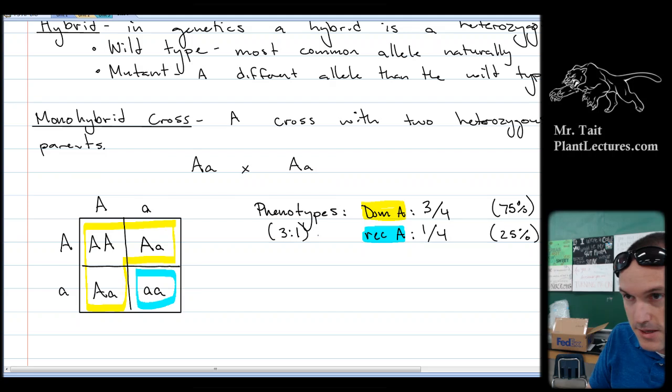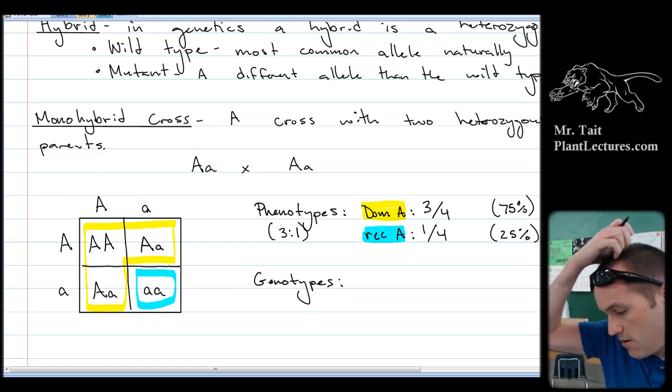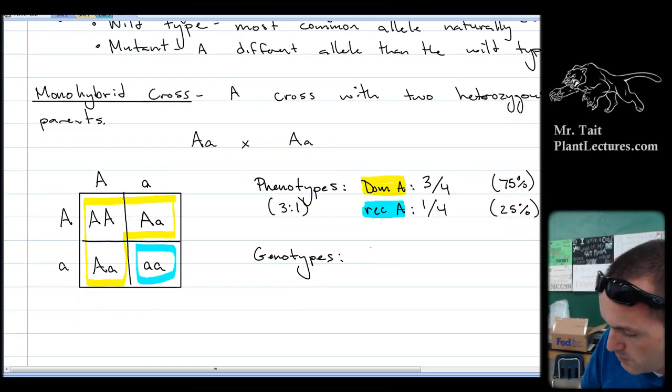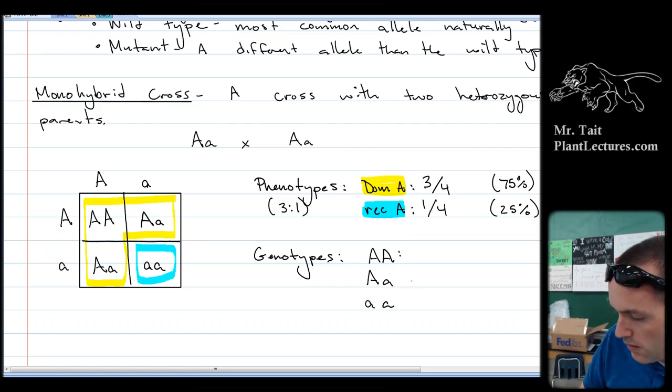Yeah, good. All right, let's look at genotypes. In this case, we have 3 genotypes possible. We have big A big A, we got big A little a, and we got little a little a. How many big A big A? 1 out of 4. Big A, little a? 2 out of 4.